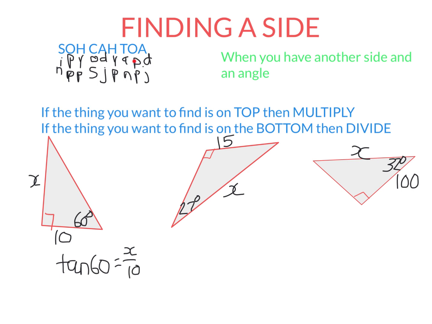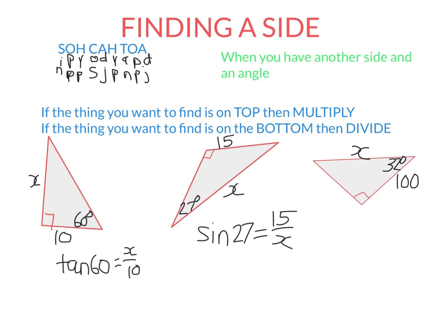Because opposite's first, it goes on top, adjacent on the bottom. For this triangle here, we have our reference angle, we have the opposite side and the hypotenuse. The one we use for opposite and hypotenuse is sine. So we start with sine of 27, sine of angle equals opposite over hypotenuse.